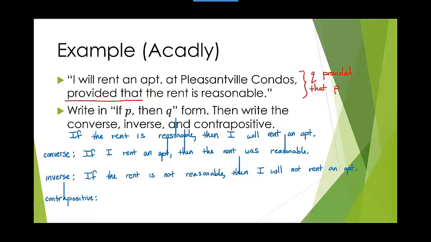And then contrapositive is where you do both things, switch and negate. So it's going to be if I do not rent an apartment, so that comes first, then the rent was not reasonable.